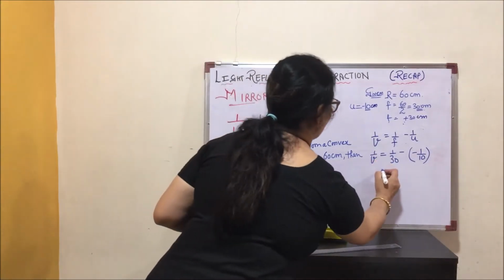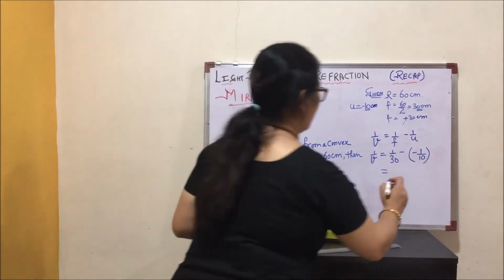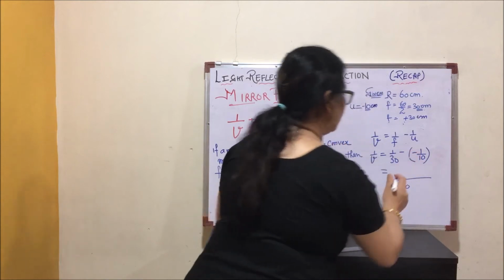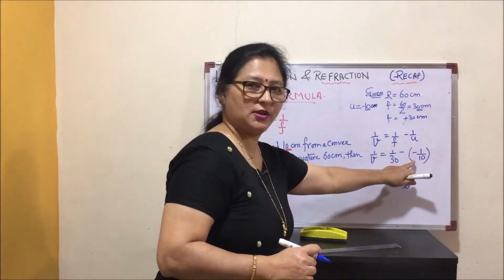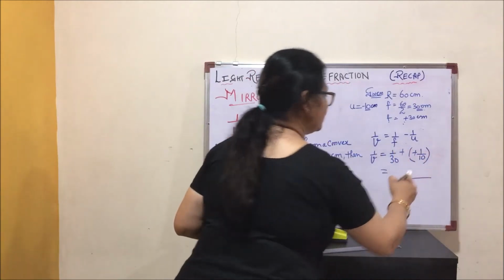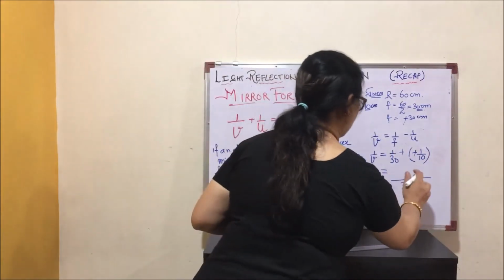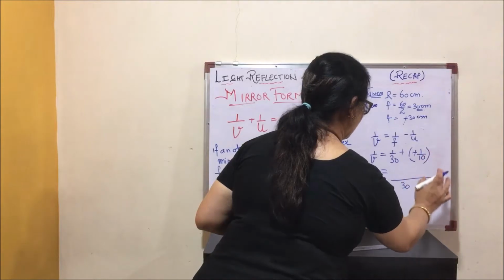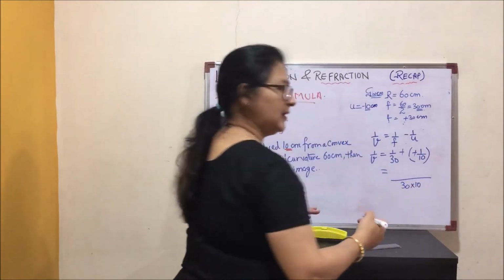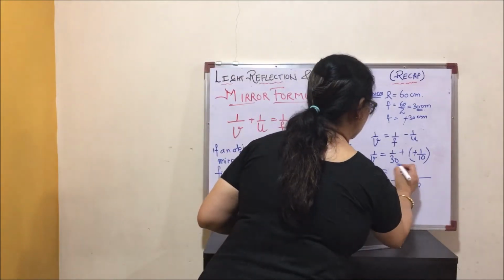So now what will happen? Find out the LCM. Now this sign, there is a negative sign inside and outside, so it will become positive, right? So I'll just cut it and make it positive. Clear? So it will be 1 upon 30 and 1 upon 10. What is the LCM of 30 and 10? 30.